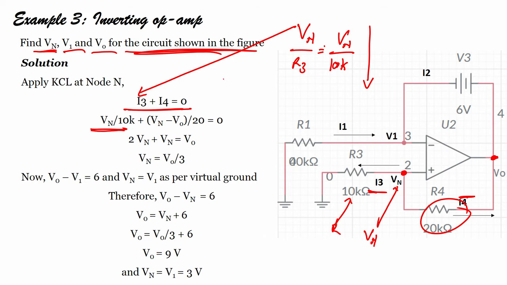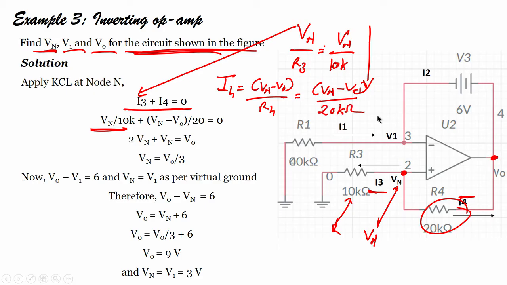What is I4? It is Vn minus Vo divided by R4, which equals Vn minus Vo divided by 20 kilo ohms. This is what I have written here.